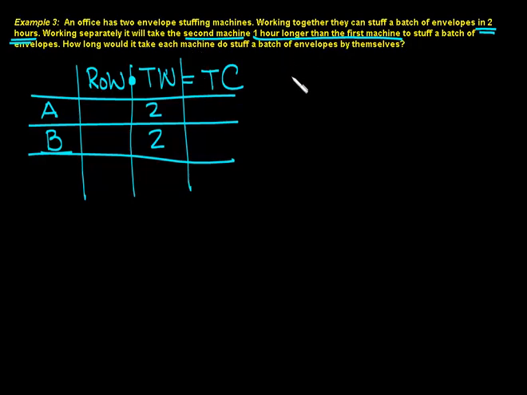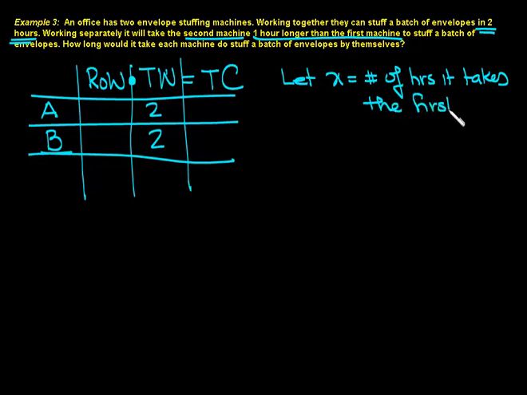So let's create some variables. Let x equal the number of hours it takes the first machine, machine A. Okay, so if it takes machine A x hours to do the job, what is the rate of work for machine A?